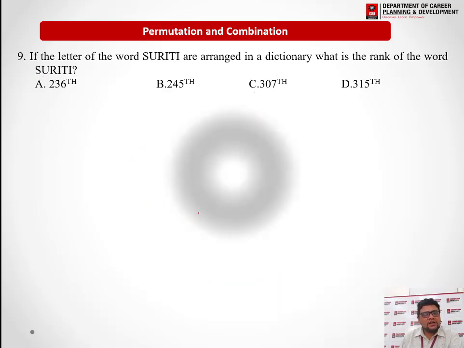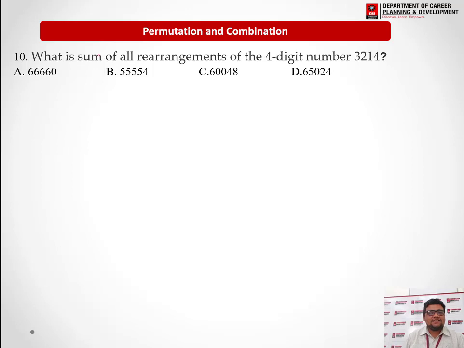Now let us see our last concept, where we have to find the sum of all the rearrangements of a 4-digit number, that is 3214. So the digits given to us are 3, 2, 1 and 4, and we have to find the sum of all the possible rearrangements of these numbers.